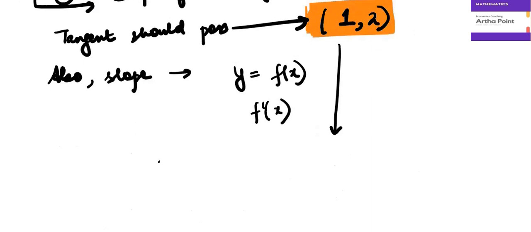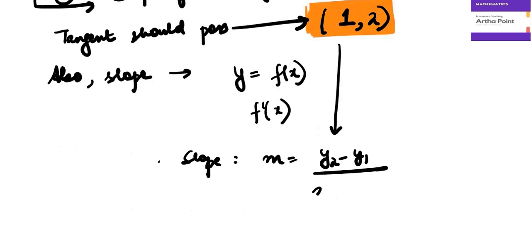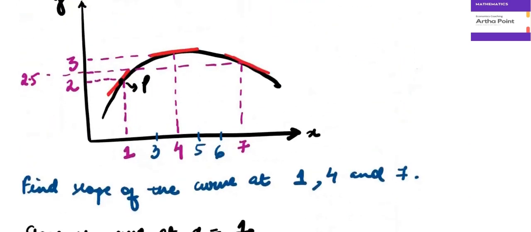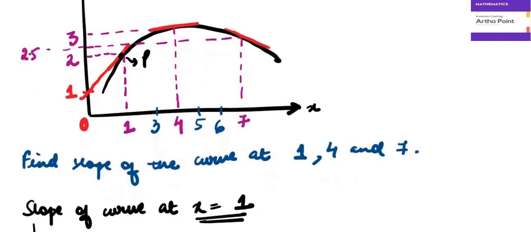To find the slope of any line, my slope is nothing but y2 minus y1 upon x2 minus x1. So I would need another point. Therefore, I'm going to extend this tangent backward. And I am telling you that when x is 0, y is 1. Does that help now? That helps.